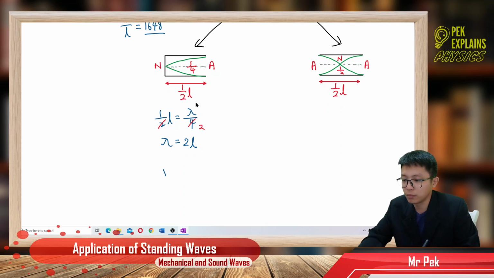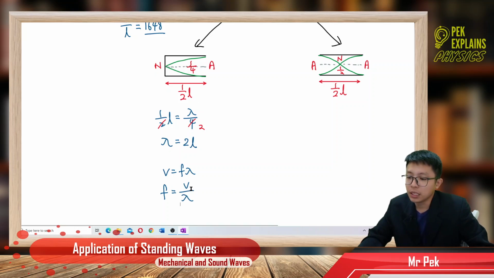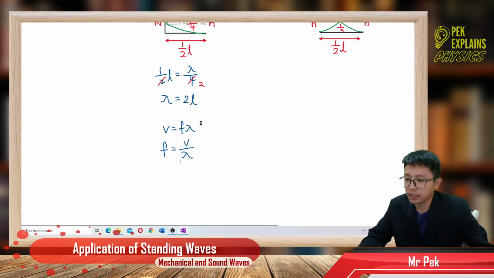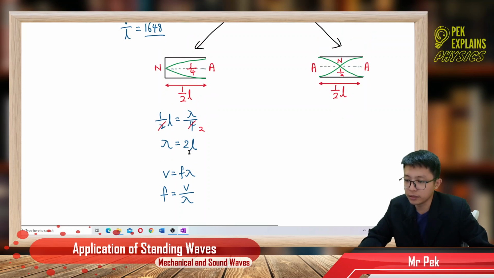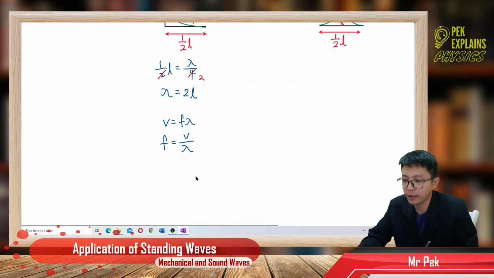Now we just use the formula V equals F lambda, so the frequency is V over lambda, and this lambda is 2L.